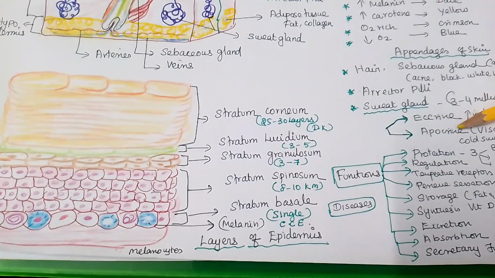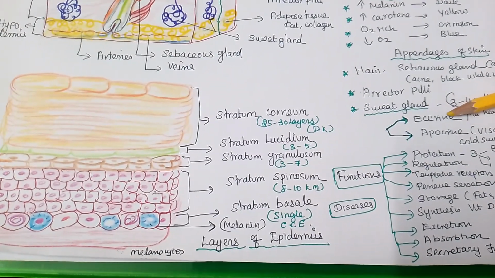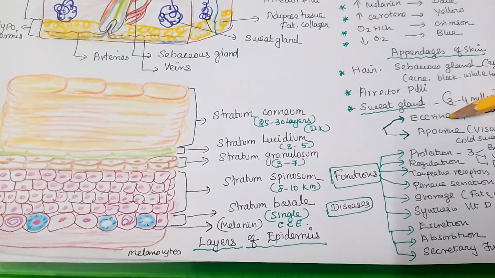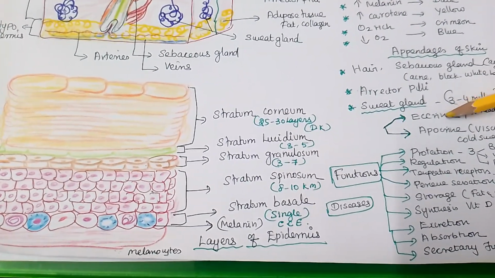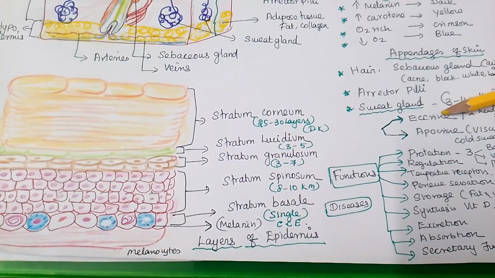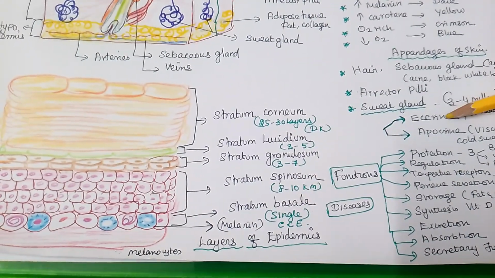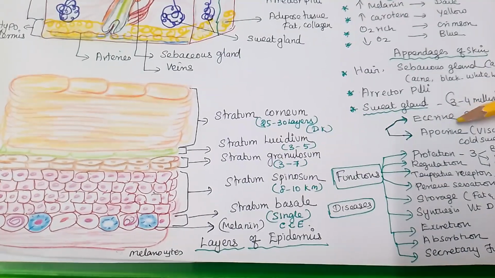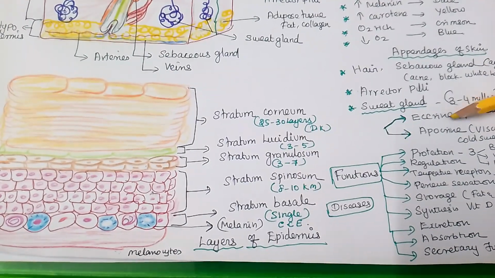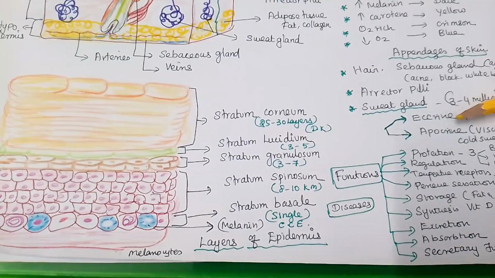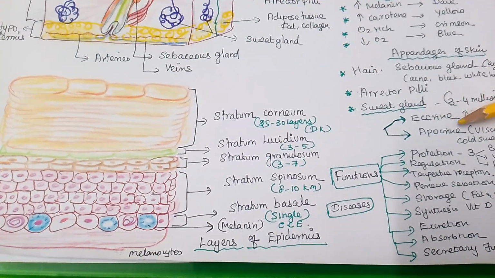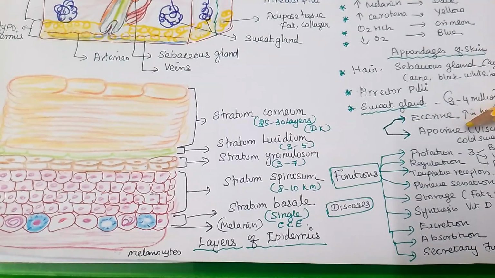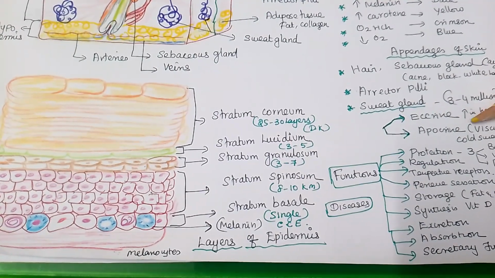Eccrine sweat glands are not present in some areas. They are activated immediately after birth, and are not present in the glans of the penis, nipple, some of the areola, and the lips. What are apocrine sweat glands? Apocrine glands secrete what is called cold sweat.